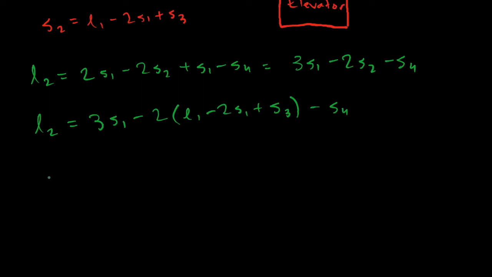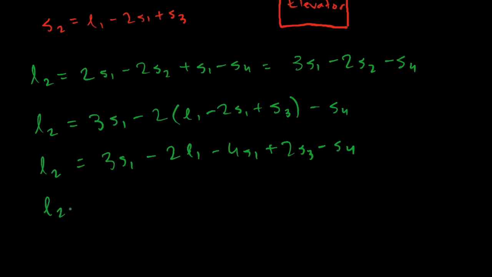We just need to rearrange this. So then we get L2, 3S1, 2L1, we get 4S1 plus 2S3 minus S4. And then rearranging this, we get L2 minus 2L1 equals 3S1 minus, oh, actually, there's a mistake here. So this is supposed to be positive, and the other one's supposed to be negative, I think. Let's see. So this is positive.